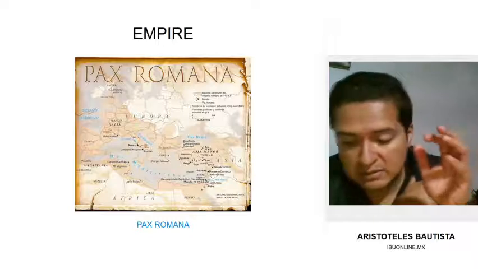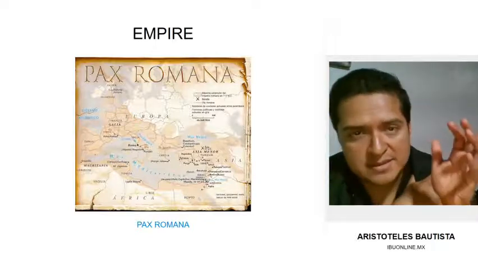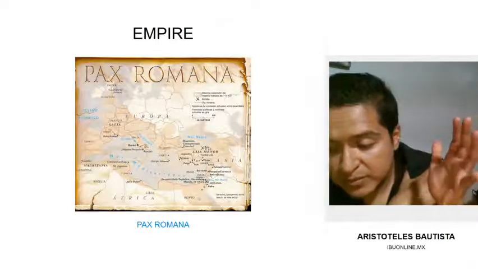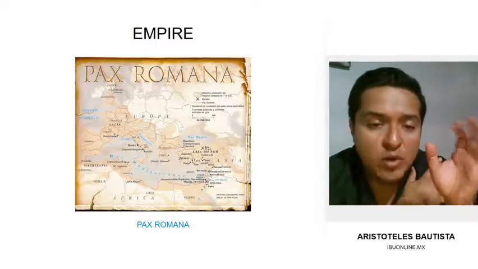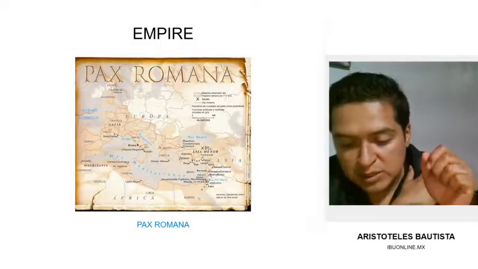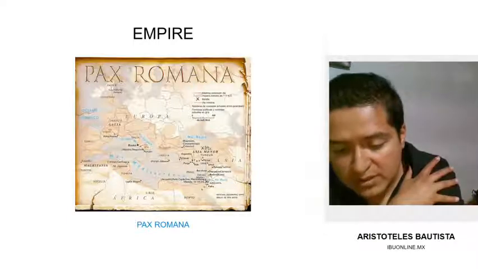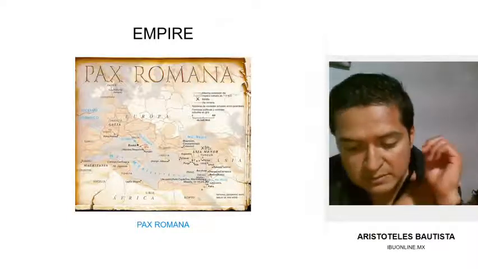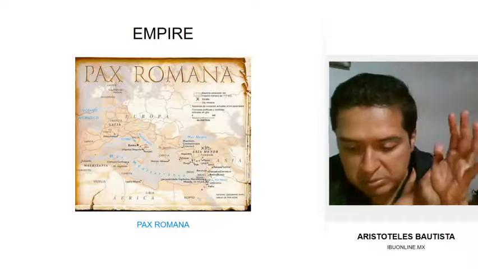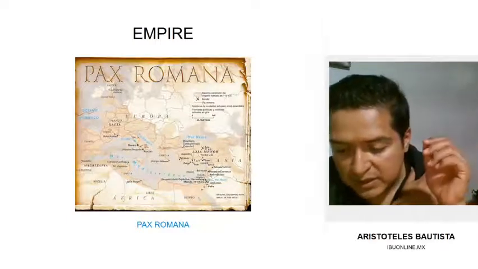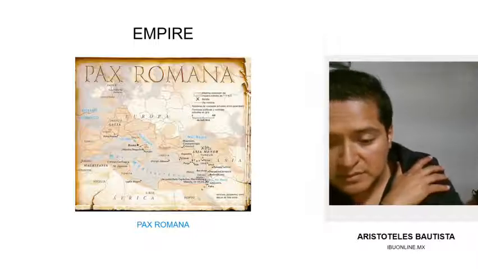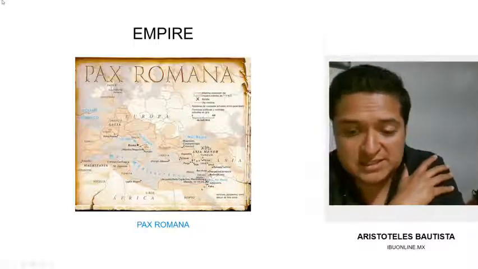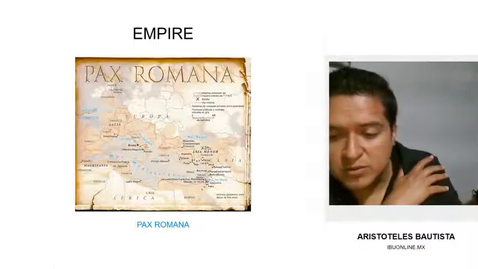Constantinople is now known as Istanbul, and this is the end of the Middle Age and the start of the Modern Age. So thanks to Pax Romana, the peace within the empire, at the age of its power, the Roman Empire dominated three continents and numerous cities.